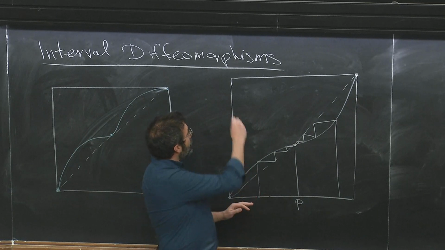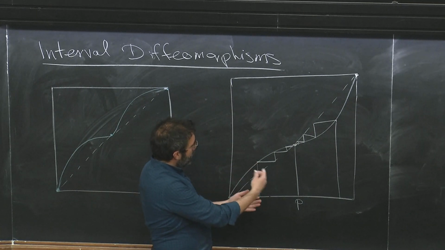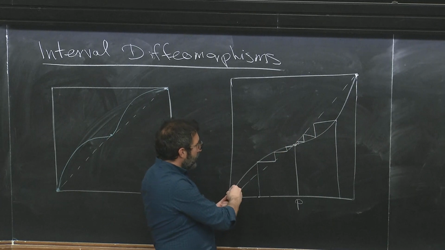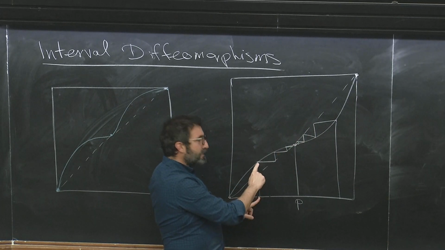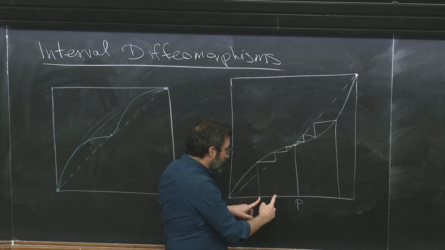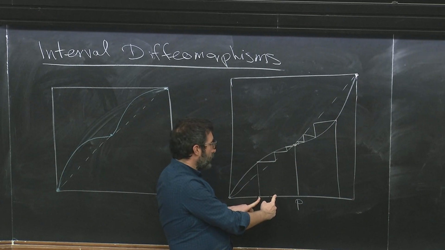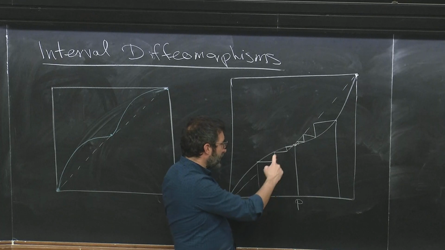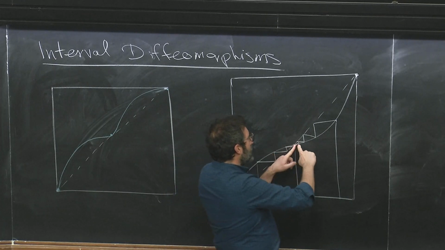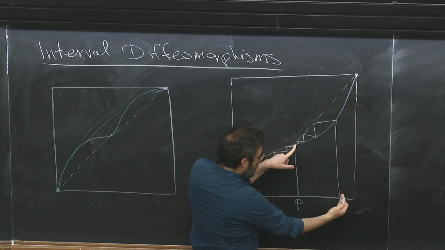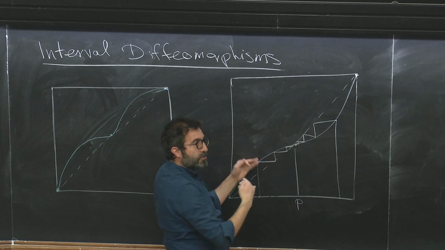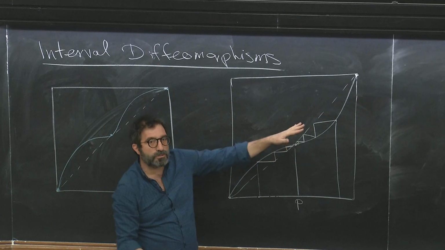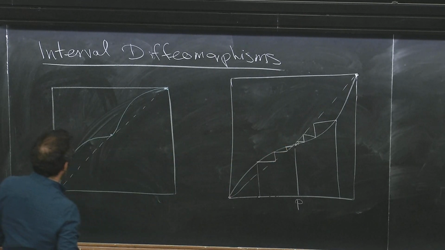So if you think about what the graph tells you, the fact that the graph is above the diagonal means that the image of the point x is above the diagonal, which means that it's to the right of where it was, right? And this keeps being above the diagonal, so it maps here, whereas this is below the diagonal, which means that points are moving to the left, right? In these one-dimensional interval maps, you can deduce a lot of information by looking at the graphs.